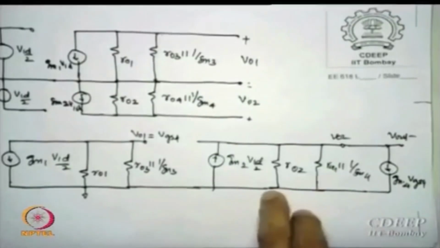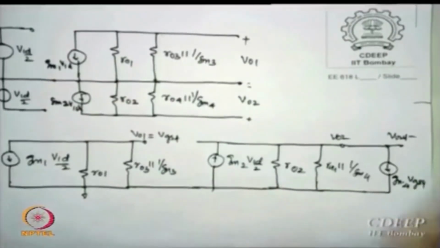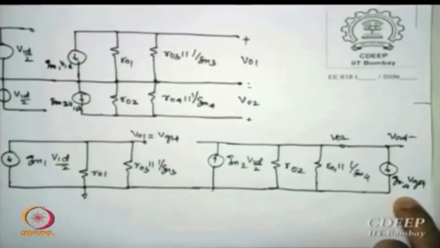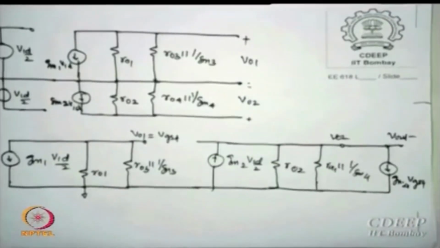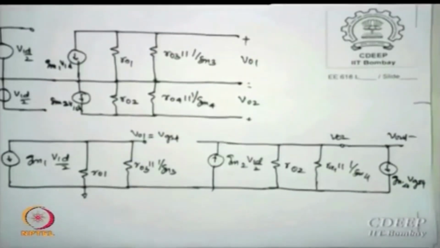But the same resistance is also getting additional voltage, because the output will still remain the same, the resistance will remain the same because M2 M4 are still the same, but there is an additional current source sitting here because of M4, which is GM4 into VGS4, is that clear? There is an additional current source which is GM4 VGS4, and there is normally GM2 VGS Vin already there. So now you have two currents.